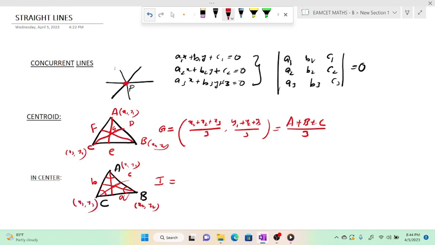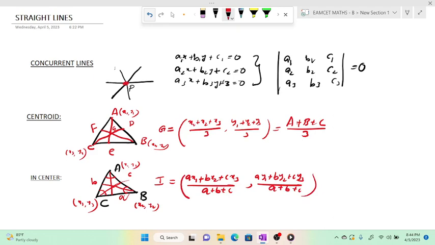In this case, the incenter I is equal to a x1 plus b x2 plus c x3 by a plus b plus c, comma, a y1 plus b y2 plus c y3 by a plus b plus c. This is the incenter of the triangle.